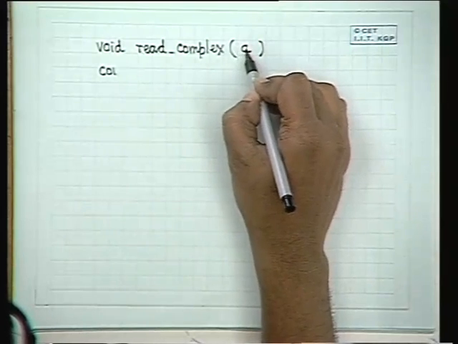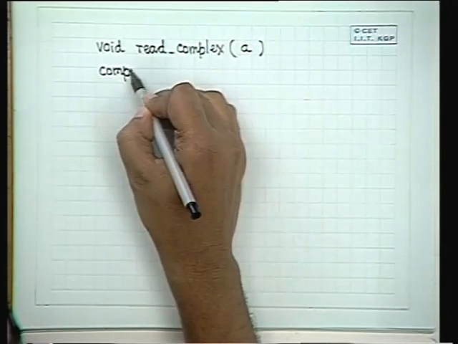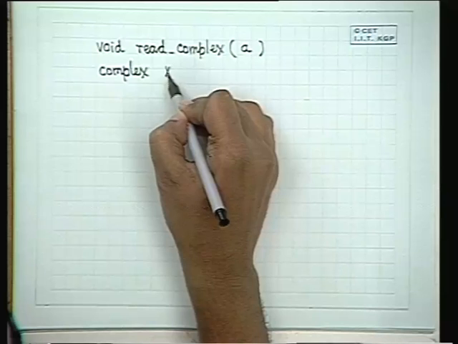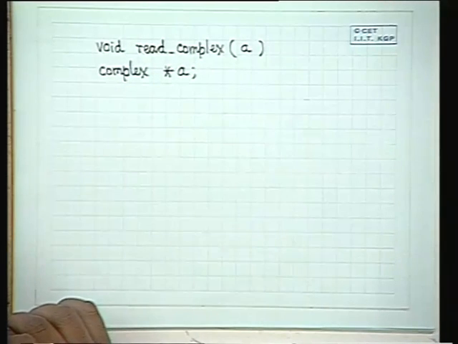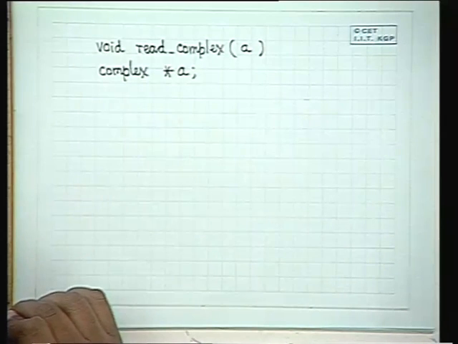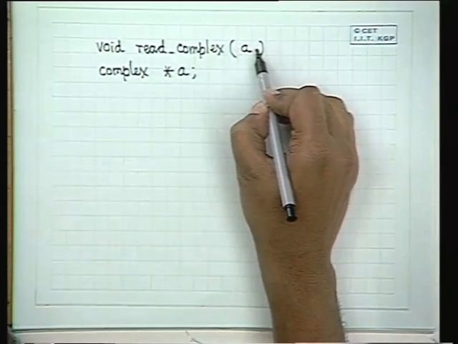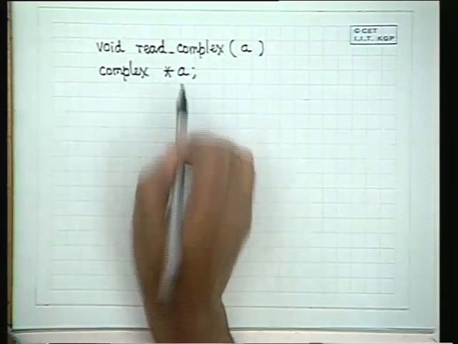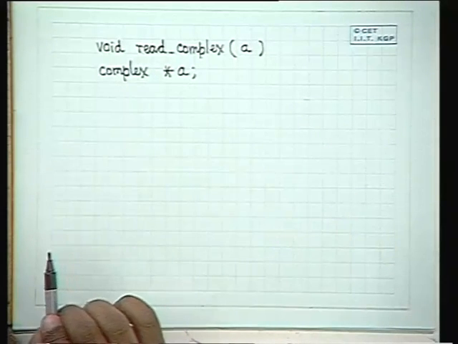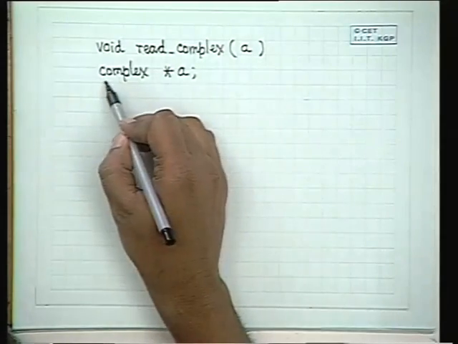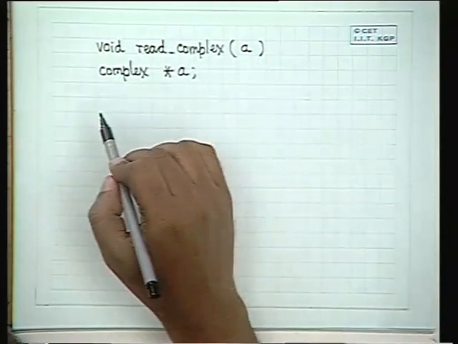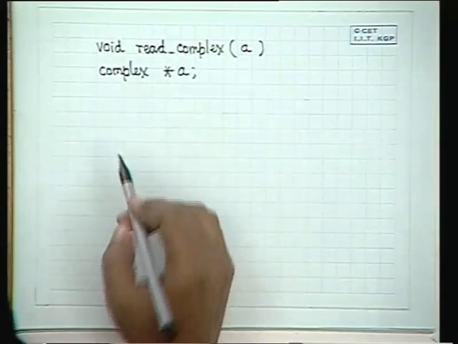Sorry, this will be A, and A will be a pointer to a complex number, or you could have written here complex star A also. Here A is a pointer to a complex number, just like you had written int star A when you did the swapping of two numbers.